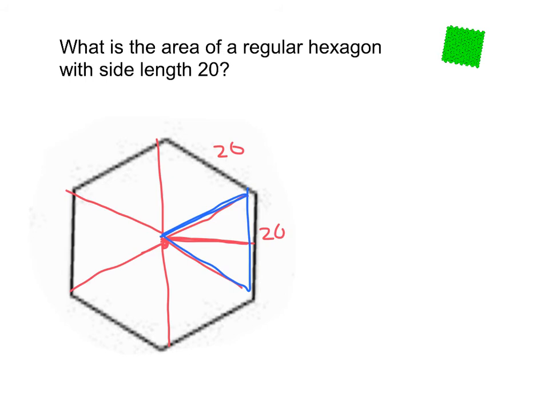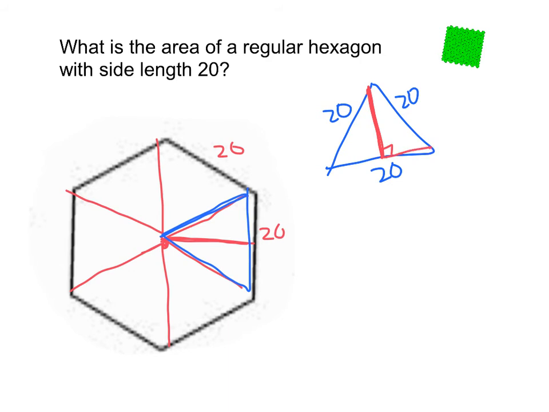So I can draw this blue triangle again to the side, and it's equilateral, so it's 20 by 20 by 20. That allows me to figure out the height if I divide the triangle in half.